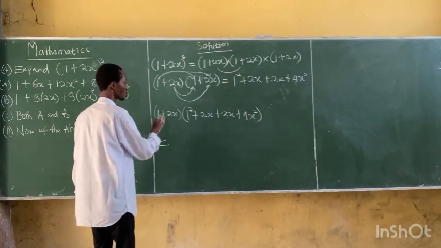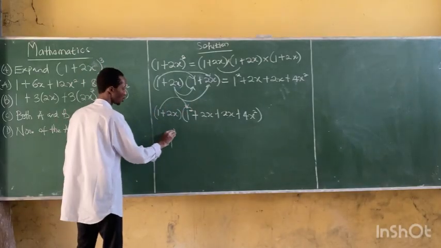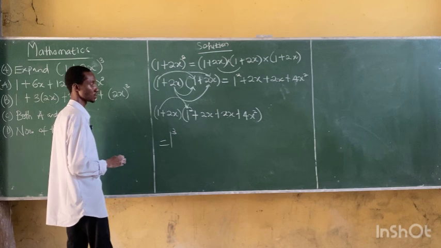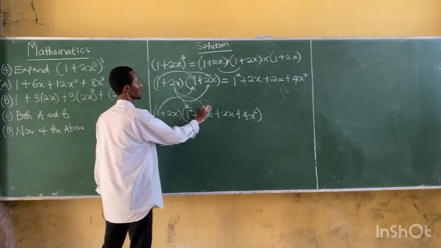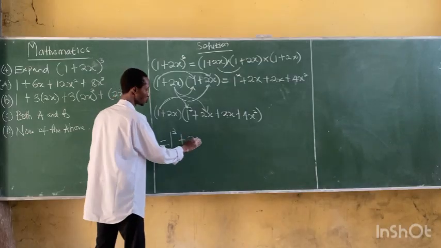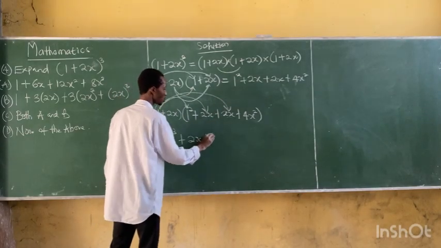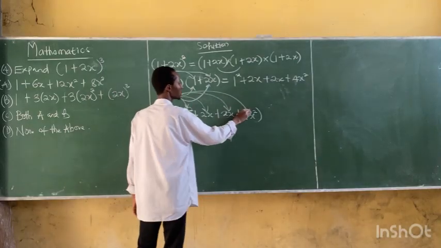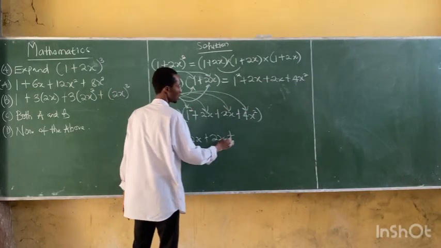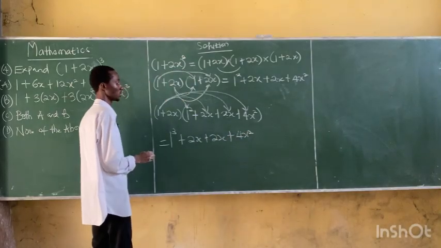This is equal to 1 will multiply this, you have 1 raised to power 3. Yet, the same 1 multiplies this to have plus 2x. If 1 multiplies 2x, we also have 2x plus 1 multiplies 4x squared. We have 4x squared. We are done with that.